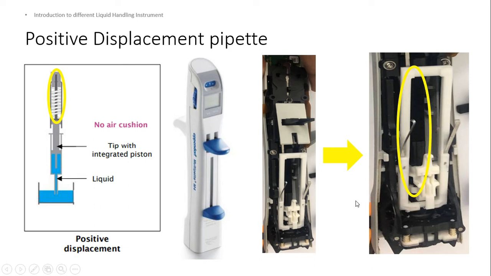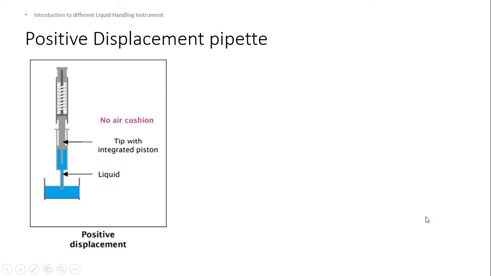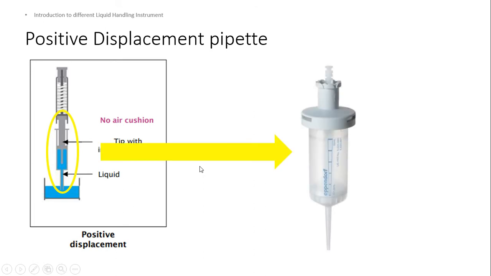This is on the right side. The black rod is the same as in the right side of the schematic. So you can imagine what it looks like in reality. This is what it looks like from the actual pipette tip.